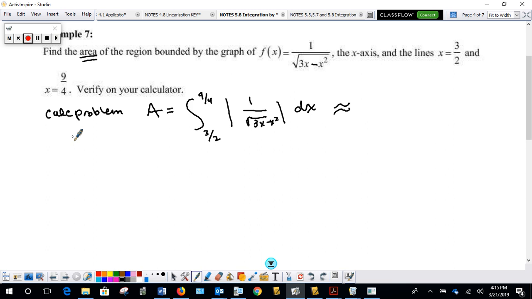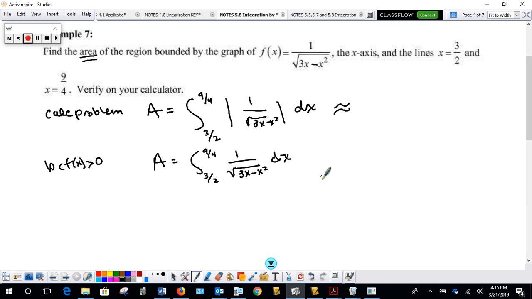So I don't even need to do this as a calculator problem. I actually know, because f of x is greater than 0, that the area is going to be the integral from 3/2 to 9/4 of 1 over the square root of 3x minus x squared dx.